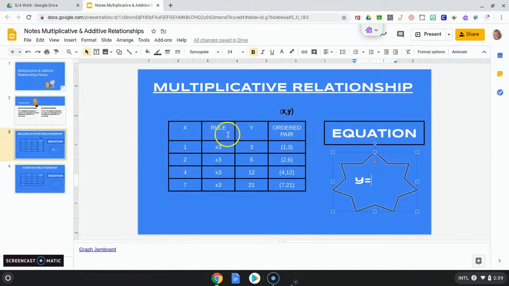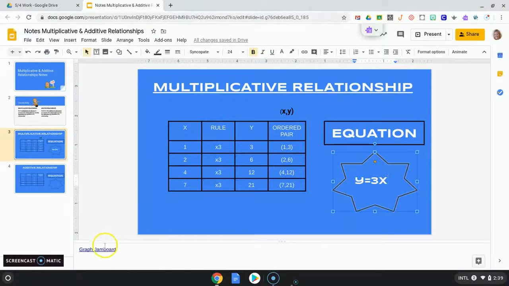So all I'm going to do is take my rule that I had here, which was times 3. So that's X times 3, which remember we always put our number first. It's our coefficient and then our variable. So your Y answers you're going to get by multiplying any X number times 3.